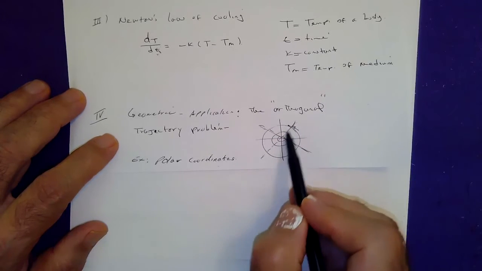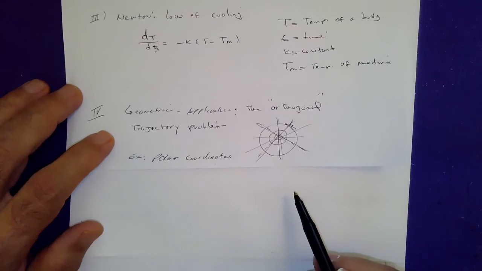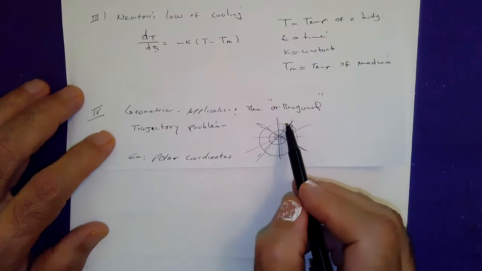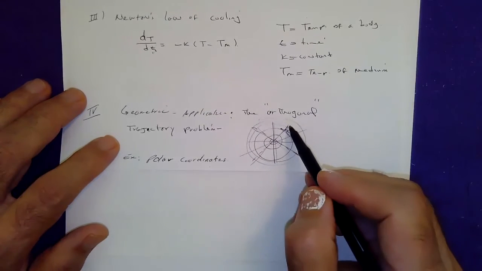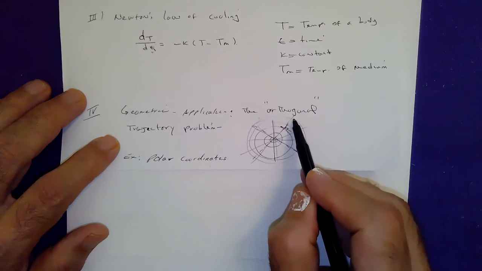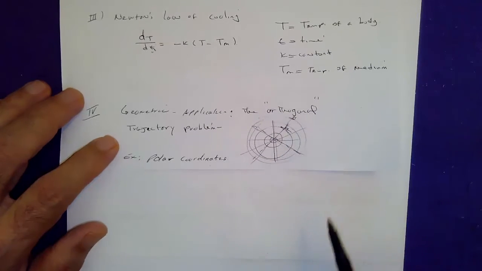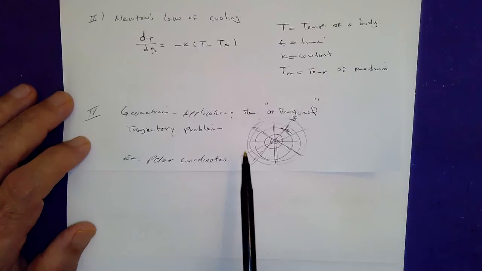Let's say you have a bunch of straight lines going through the origin, and a bunch of concentric circles. Every time the circles intersect these lines, at the point of intersection, the tangent lines are perpendicular. So those are called orthogonal trajectory problems.